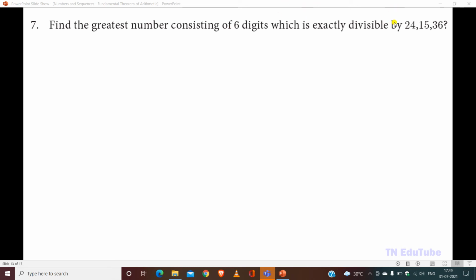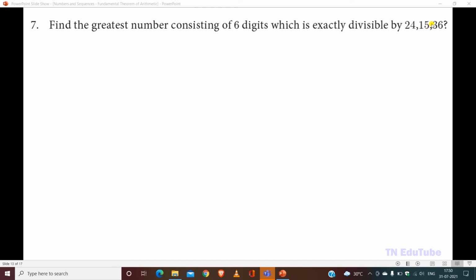Which is exactly divisible by these numbers means first you have to find out the LCM of these 3 numbers. Then that LCM you have to divide the 6-digit number. If you get any remainder, that remainder you have to subtract from this 6-digit number. That is the answer for the greatest 6-digit number exactly divisible by these numbers.